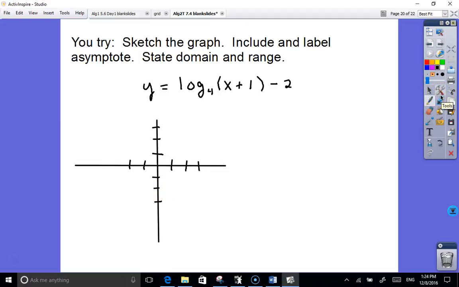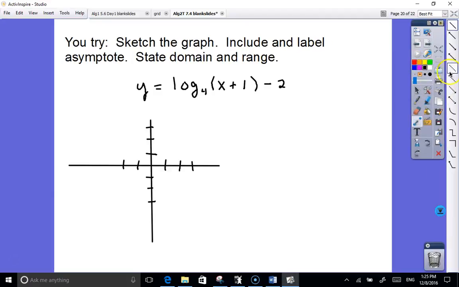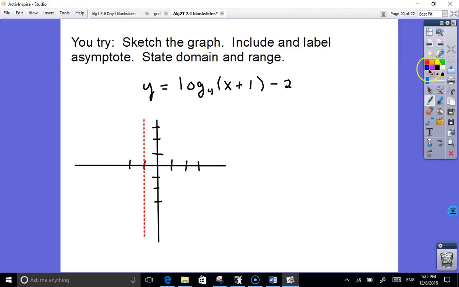So where do I got to draw the asymptote? -1, right? It went 1 to the left, so I got to draw an asymptote at x equals -1. So about right there. And then, of course, don't forget to label it. X equals -1.